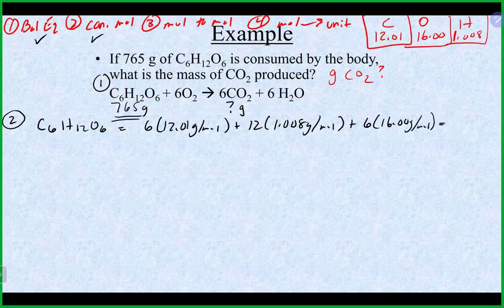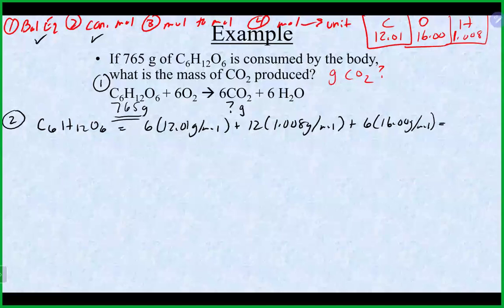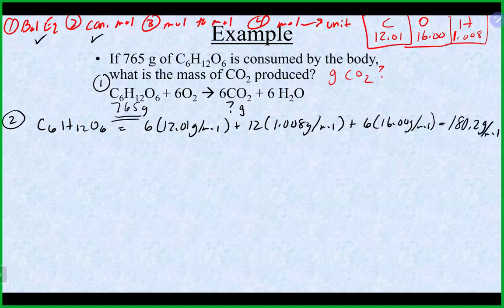That's going to give us a molar mass of 180.2, I believe, grams per mole. So again, that is our conversion factor from the periodic table that we use to convert to moles. So we'll take 765 grams of C6H12O6 and convert it into moles using that molar mass.